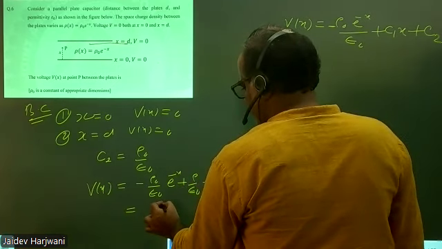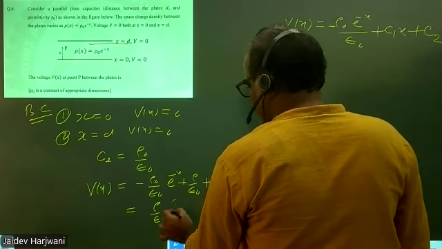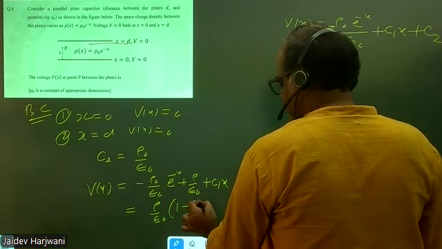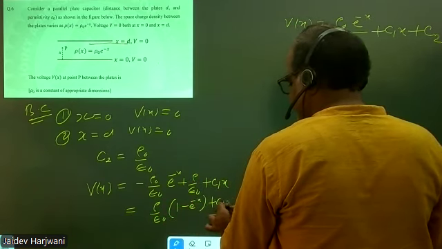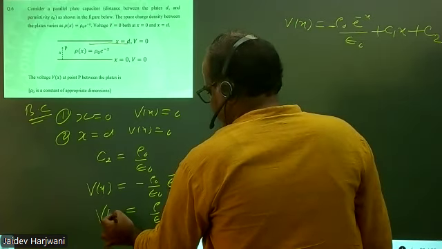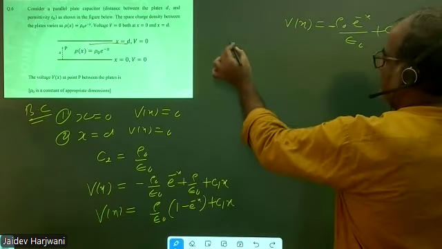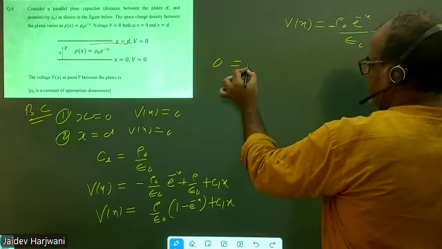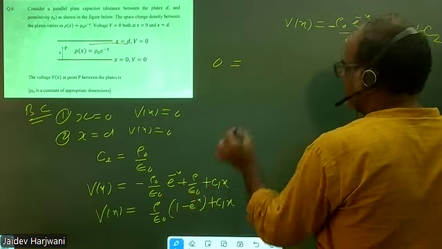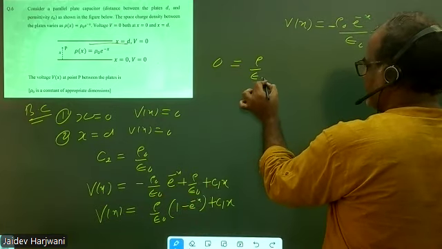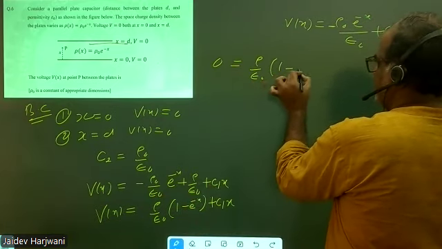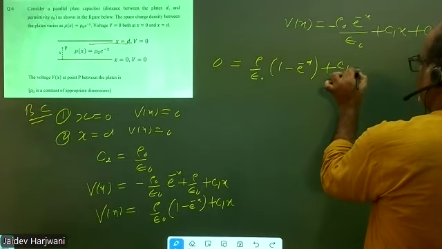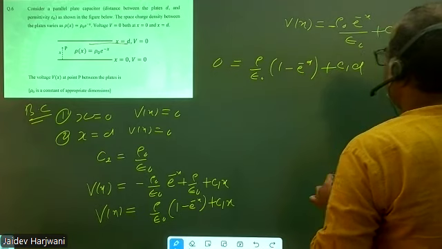If I take rho upon epsilon naught common, this becomes 1 minus e power minus x plus C1 x. Now to calculate C1, you apply the second boundary condition: x equal to d, V will be 0, and this becomes rho upon epsilon naught times 1 minus e power minus d, and then you have C1 d. We are writing x equal to d.